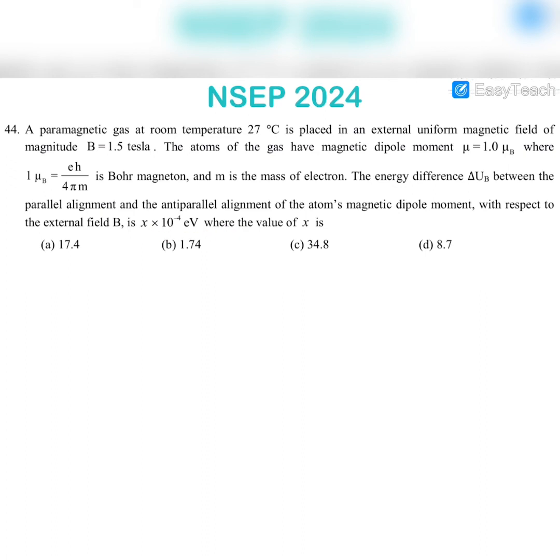So we know that first of all the energy of a dipole aligned in a magnetic field is minus m dot b. So u1 for parallel alignment, the angle between m and b will be 0 degrees, so it would be minus mb cos 0.